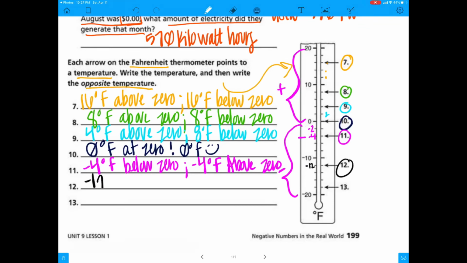Number 12 is 12 degrees Fahrenheit below 0. The opposite would be 12 degrees Fahrenheit above 0.